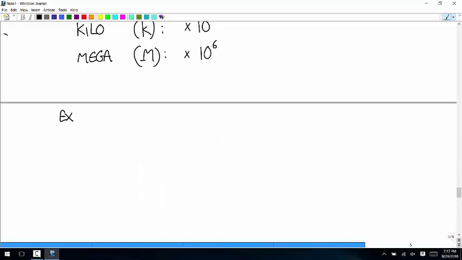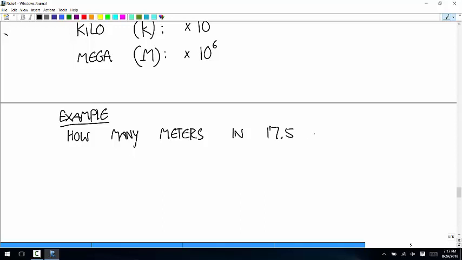Okay, so for example, how many meters are there in 17.5 kilometers? Well, the k representing kilometers means times 10 to the 3rd.